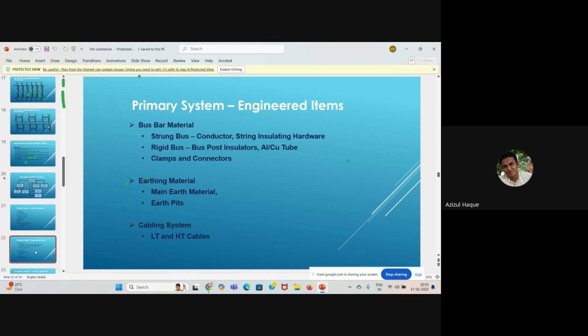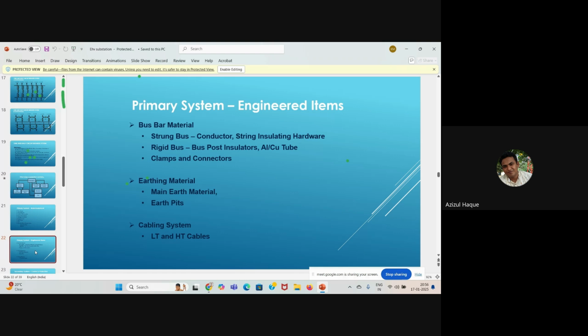But what happens is that these main equipments, breaker and isolator, are single pieces of equipment and they have their specification. You will buy these equipments from the manufacturers, or you will give the specific rating and they will provide you the equipment. But these systems, busbar material, earthing material and cabling system, are not fixed.